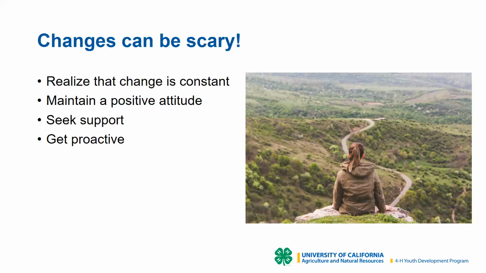Get proactive. After finishing this training, complete the evaluation to provide feedback and suggest additional training topics. Continue to use the 4-H Online Help Request Survey to communicate any questions and concerns you have with the transition to 4-H Online 2.0.